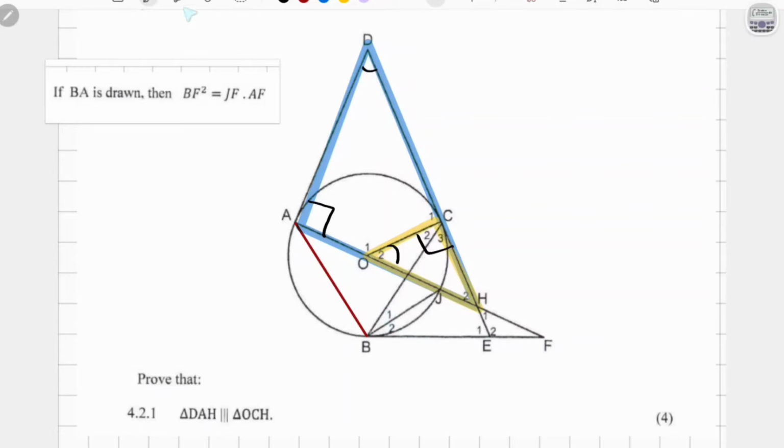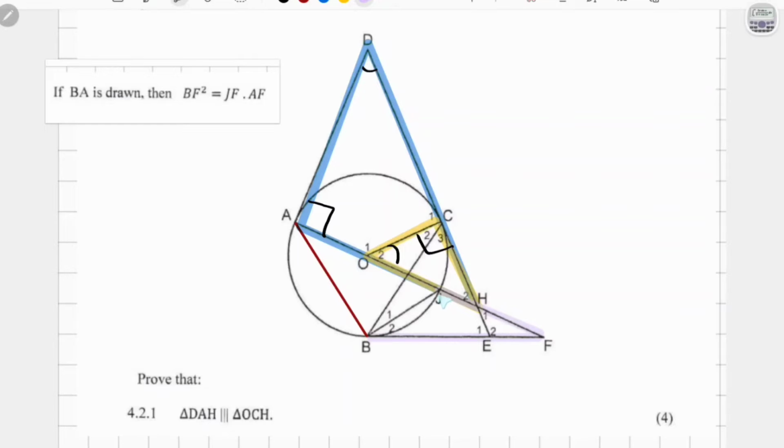So where is FB? FB is over here. So we have FB, and let me use different colors for that. So FB, right, is that. And then we have JF, right? JF is that little part, and we have AF. So if you look at this, it looks like they're speaking about two triangles.